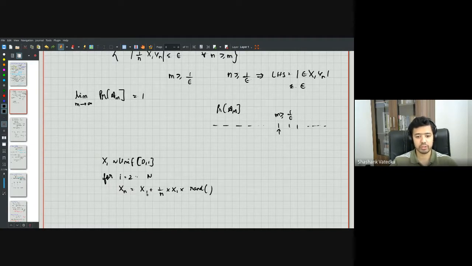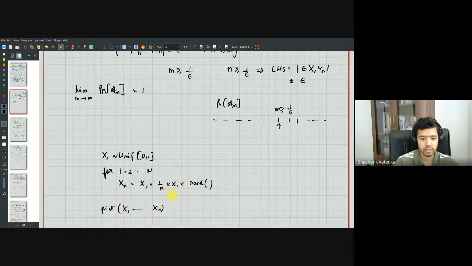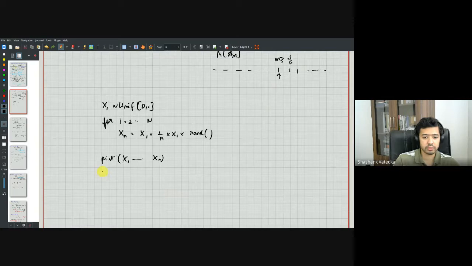Every time you run the program, you're going to get a different sequence of numbers, right? So print x1 up to xn, and also try to find am.